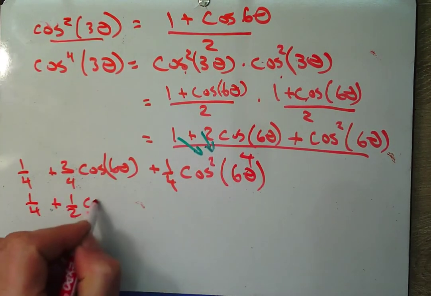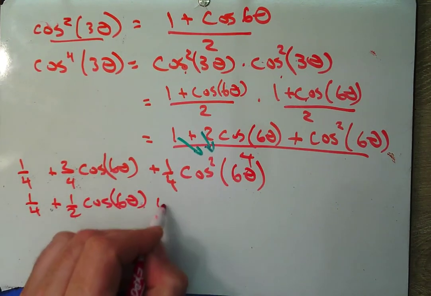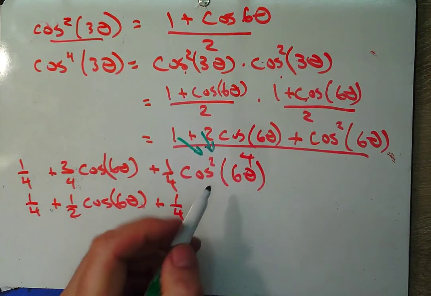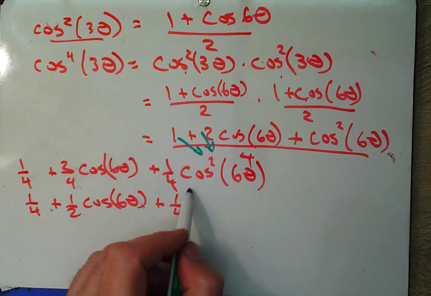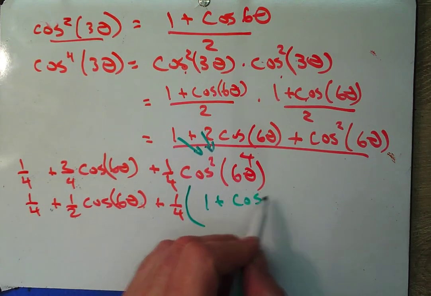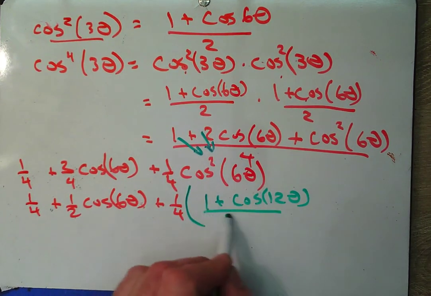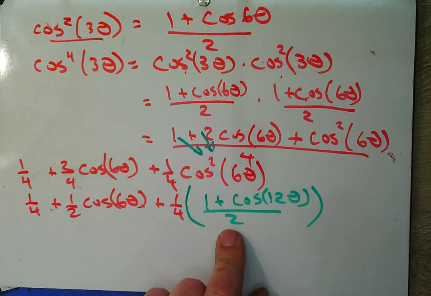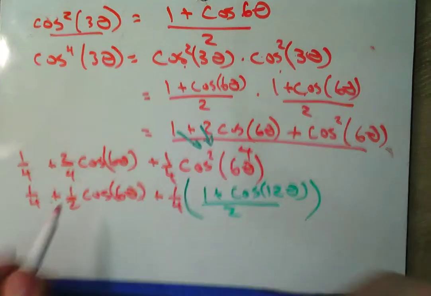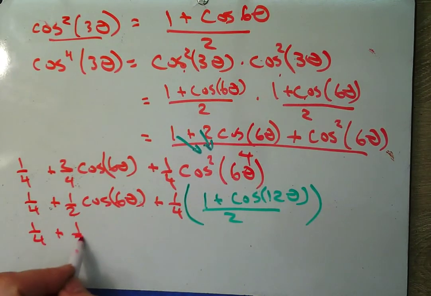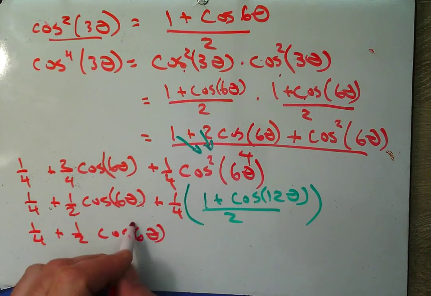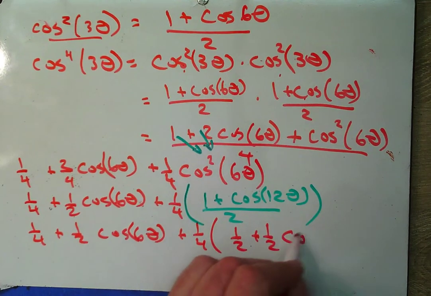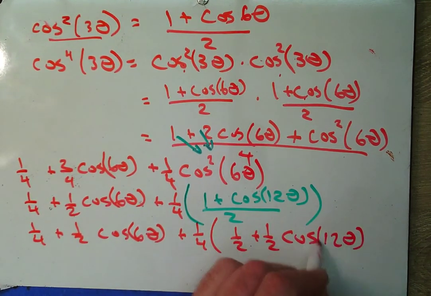1/4 plus 1/2 cosine 6 theta plus 1/4. But now I use my power reducing identity, and this angle has to double. I'm going to have 1 plus cosine 12 theta over 2. Inside here, I'm going to split this into 2 fractions. So I'm going to have 1/4 plus 1/2 cosine 6 theta plus 1/4 times 1/2 plus 1/2 cosine 12 theta.